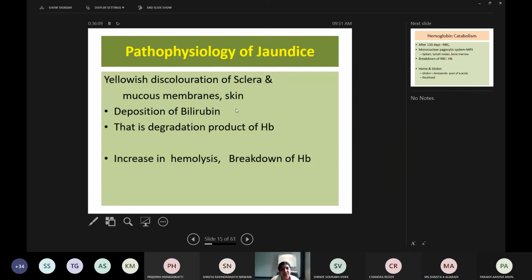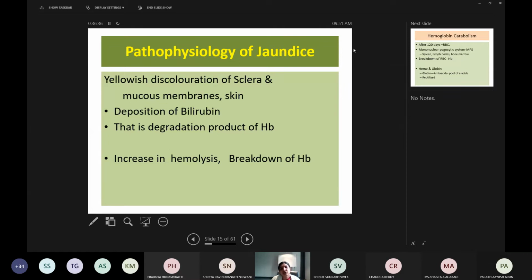All the values whatever we study are present at normal levels in the body. If they exceed the normal level, 0.2 to 0.8 is the normal level of serum bilirubin. 0.8 to 2 milligram is called pre-jaundice, meaning the person is prone to developing preclinical jaundice.